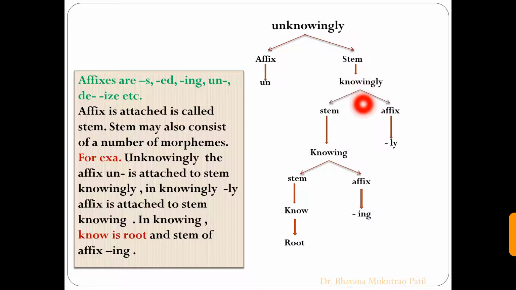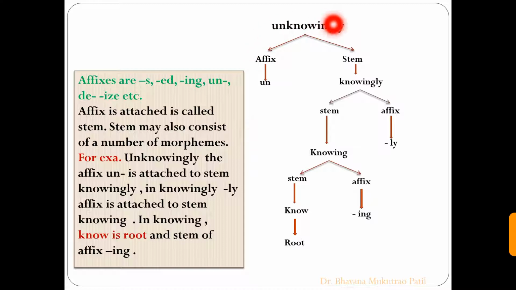In knowing there is also an affix in the form of ing, and in unknowingly there is ly. What is the main word? Know is the main word. It is a root, that is a free morpheme. Know is a free morpheme, and ing, ly and un are bound morphemes.